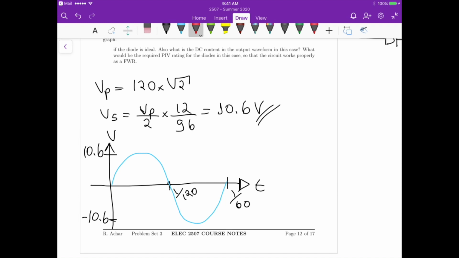Then the output would be, when diode 1 is on, we get this positive half cycle here. This should be superimposed. And then on the second half cycle, diode 2 conducts, but the current perceived by the load flows in the same direction. So the voltage at the output would be just the positive of that. Okay, so that's the overall Vout and Vi that we have when they are superimposed.